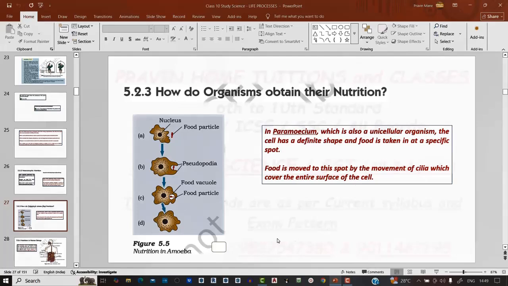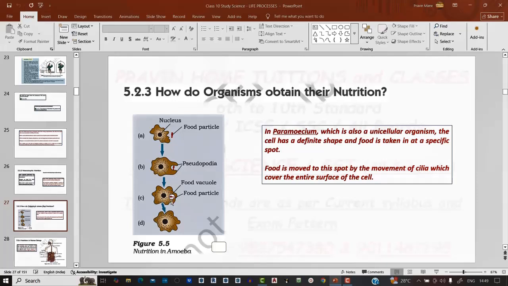Here, figure 5.5 shows nutrition in amoeba. First, amoeba finds its food, that is a food particle. Then, around the food particle, pseudopodia, that is false legs, are formed.